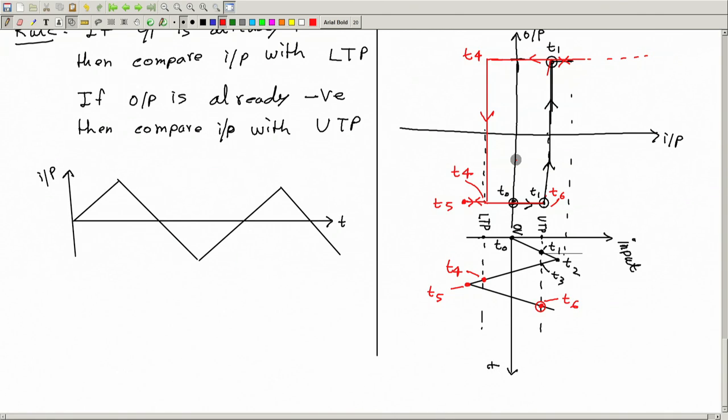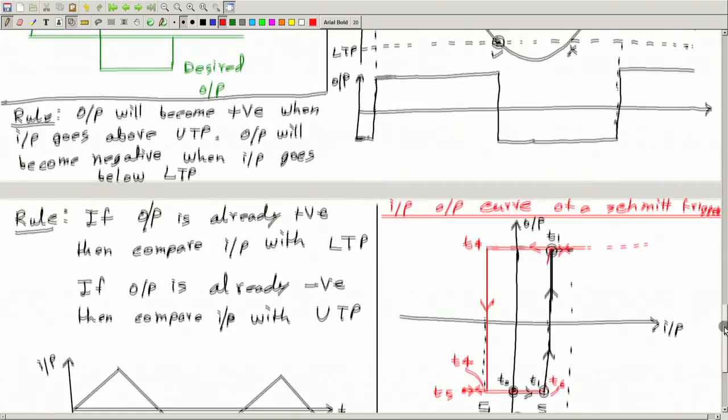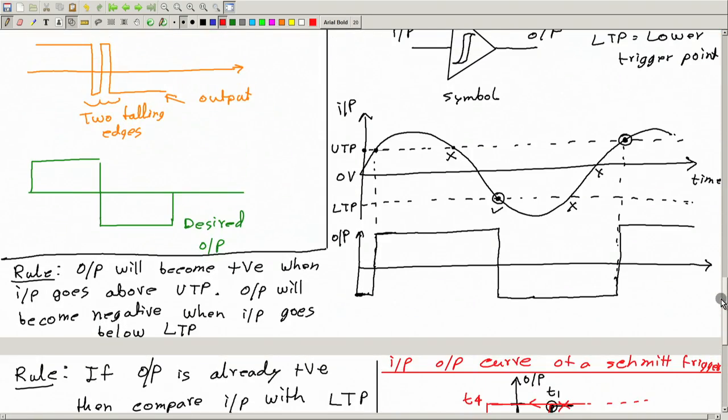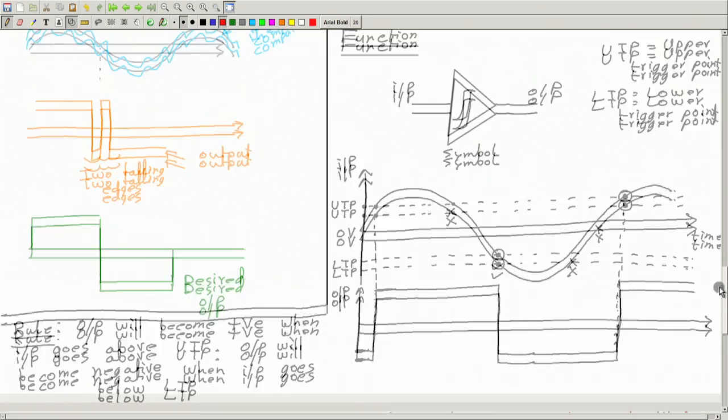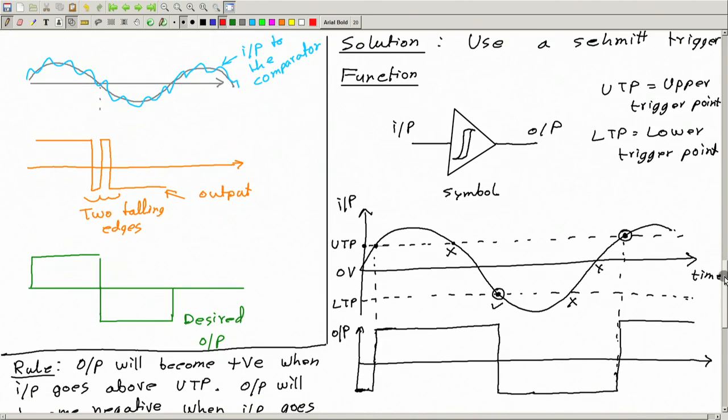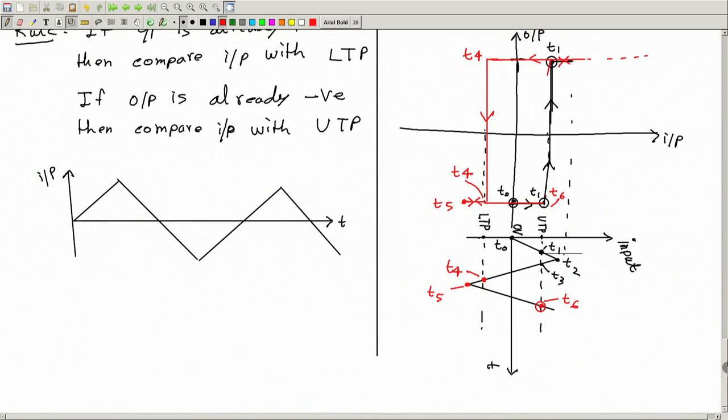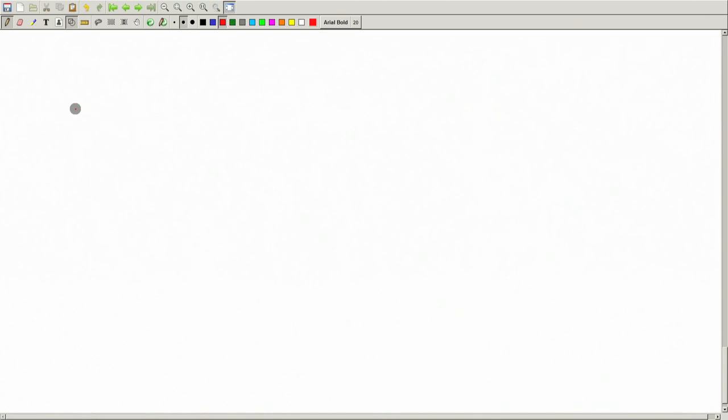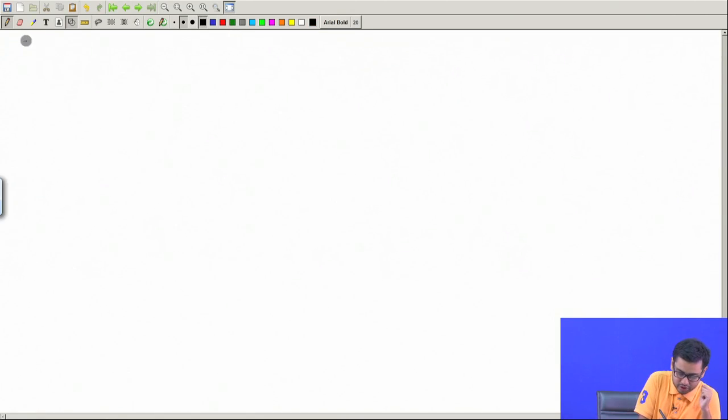Now, next thing is, okay, not next thing, this is the most important thing. Okay, also let me take a quick exercise. So a small exercise for you. Can you draw the input output characteristic of a comparator?